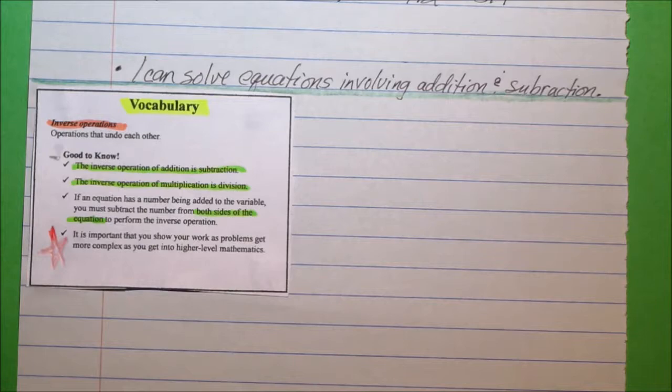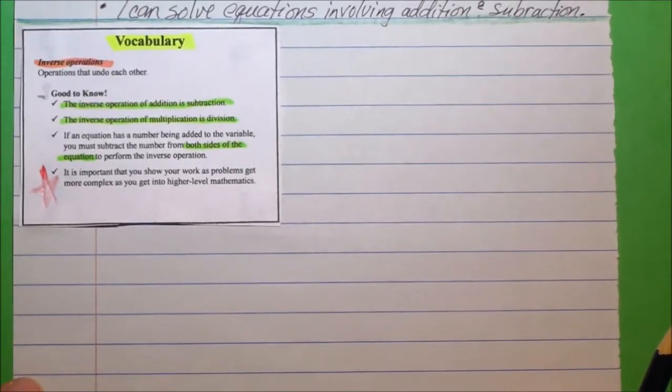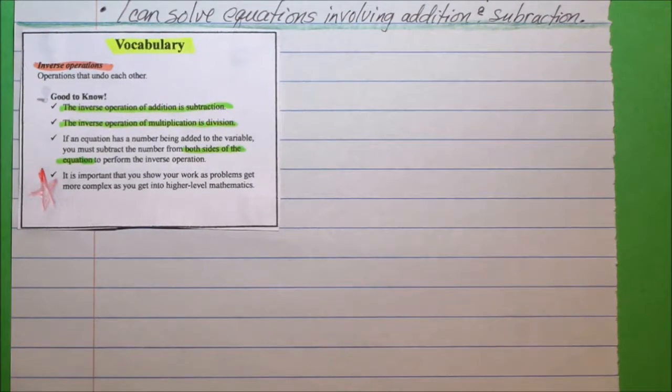And now we get to kind of draw some little pictures here. And those of you who are in my class, you know I have zero art skills. And I made up this little illustration to show the importance of why you do an operation to one side exactly as you do to the other side of an equation.